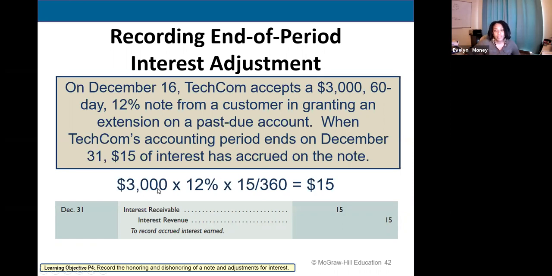We're going to take the principal amount of the note times that annual interest rate and multiply it times our fraction. Not 60 over 360, but this time 15 over 360, because we only want to know how much interest has accrued from December 16th through December 31st. So we debit interest receivable and we credit interest revenue.